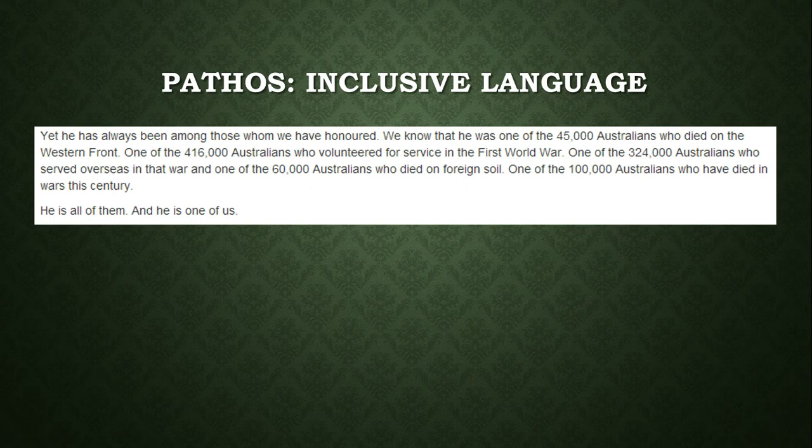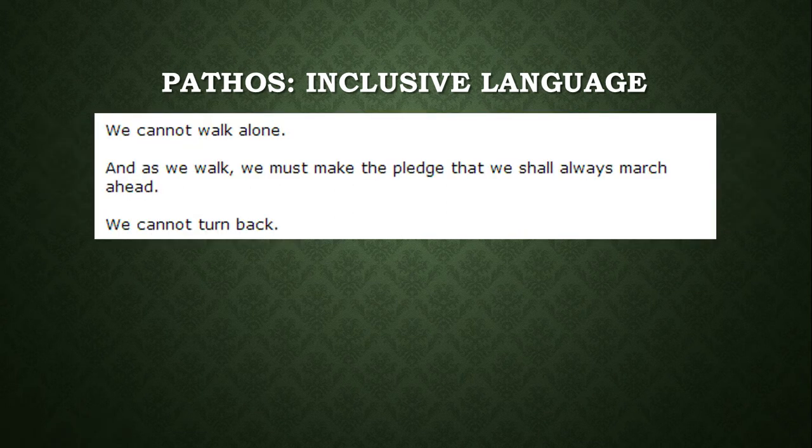So this is the unknown soldier again, where we're asked to acknowledge that this is the unknown soldier, is all of those people who were just described, and therefore he is one of us, the Australian people. Inclusive language as well.